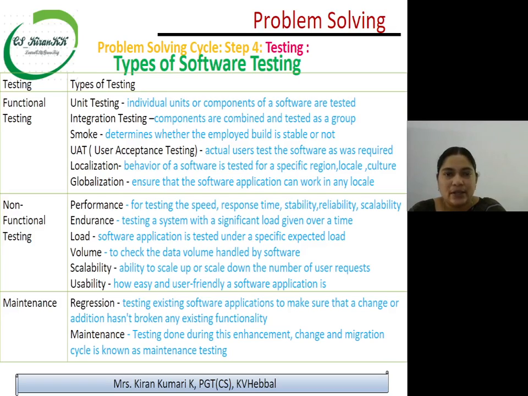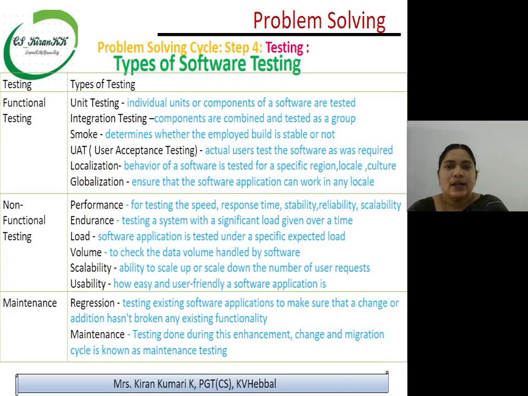Endurance means testing a system with significant load given over time. It works for small inputs, but suppose hundreds of lines of input, or 1 lakh records, or 1 crore records are given, how will this program respond? That is endurance testing.